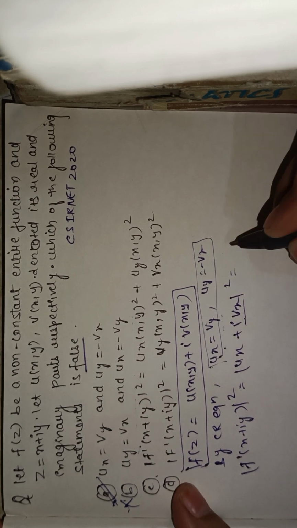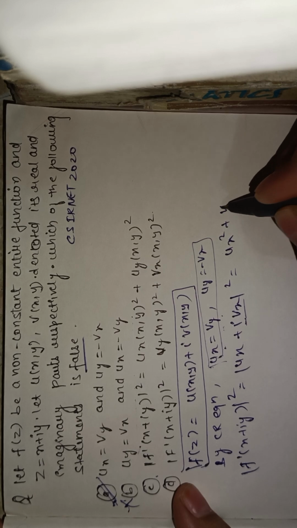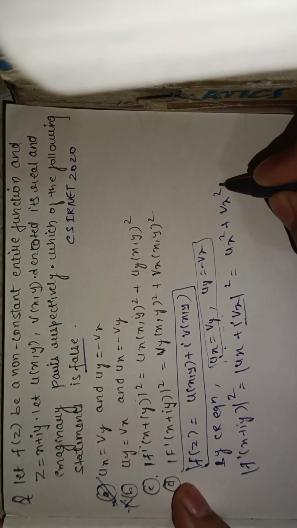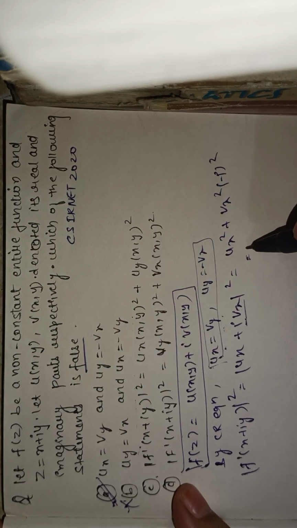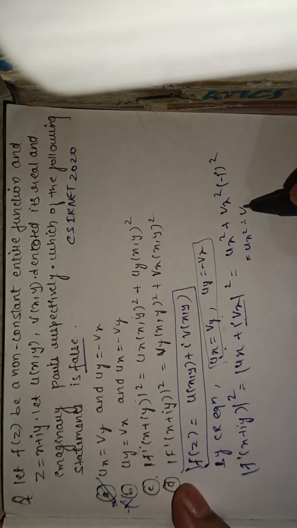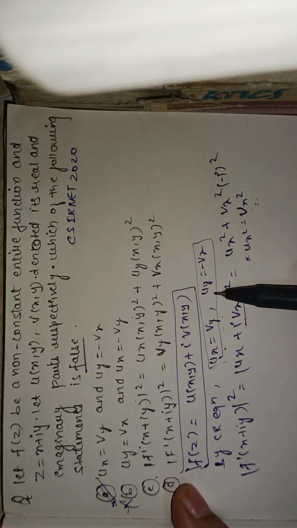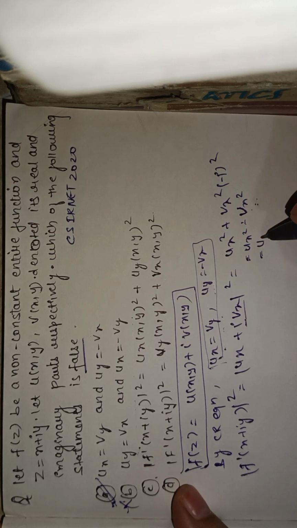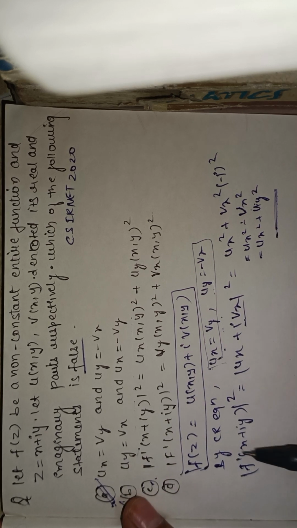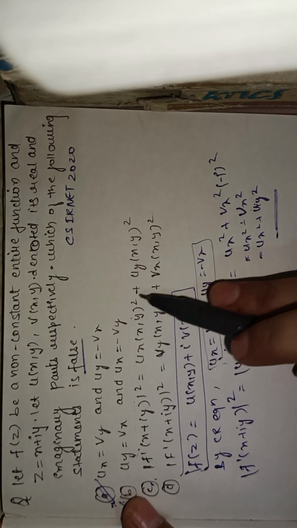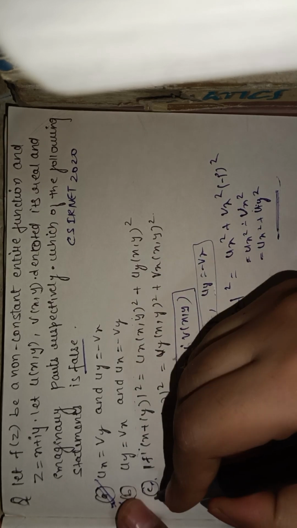If we square both sides, what do we get? ux square plus vx square, and i square is also there, which is equal to ux square minus vx square. And if a function satisfies the CR equations, vx square is equal to uy square. So this is equal to ux square plus uy square. So this is given in the third option: |f'(x+iy)| square is equal to ux square plus uy square. This option is right.